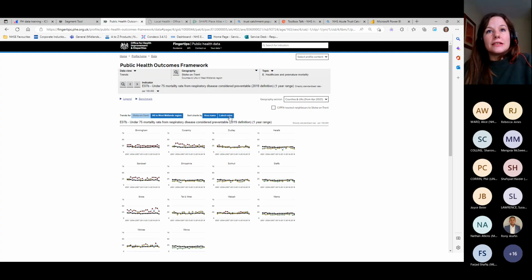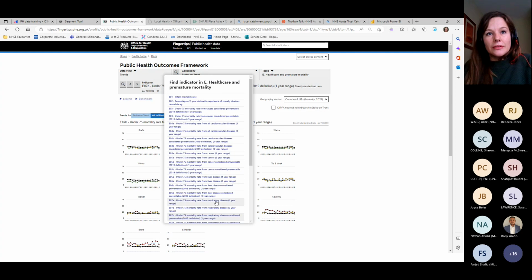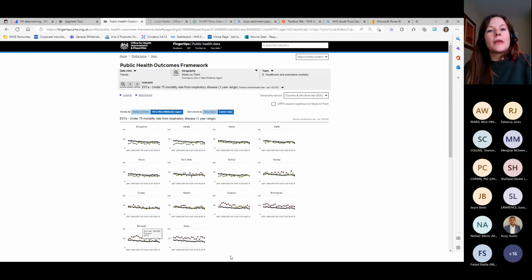And then I can arrange these by latest value. And as we can see, my area of interest, Stoke, has the highest latest value for under 75s mortality rate in the region.